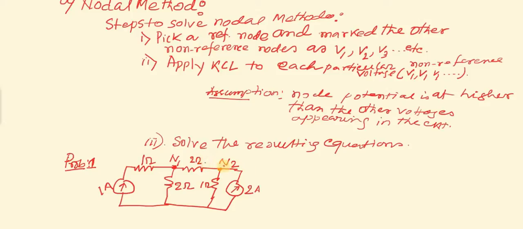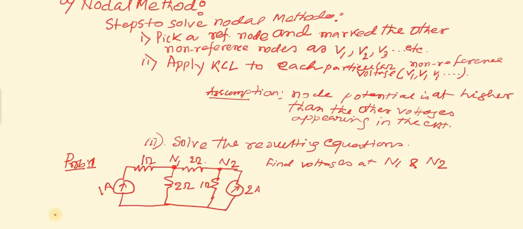Now this is the network where we need to find the voltages at N1 and N2.